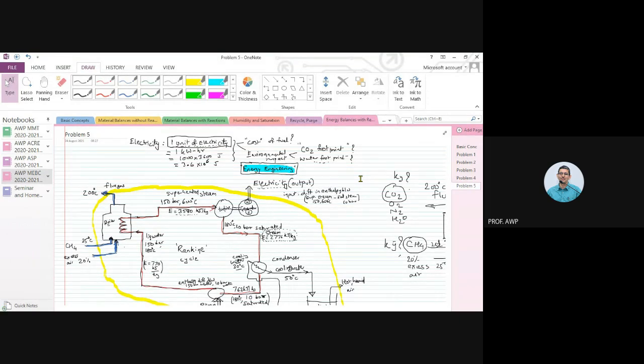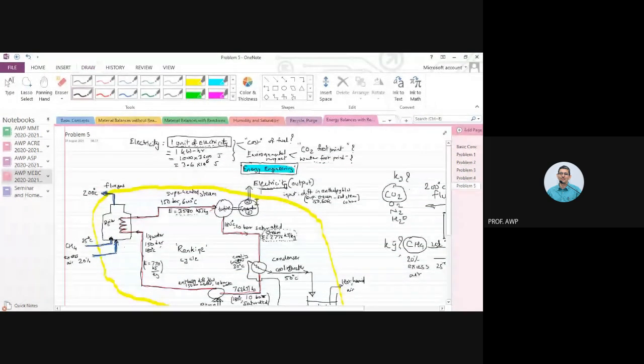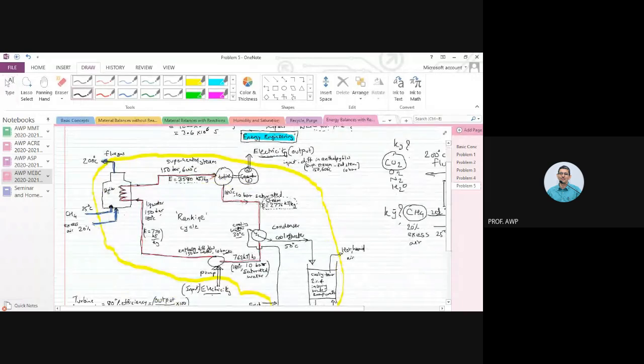But we are doing a calculation for per unit of electricity. So let's assume that the basis is 1 unit of electricity generated here. Don't worry about the electricity that is consumed here just now. We will do that correction a little later.